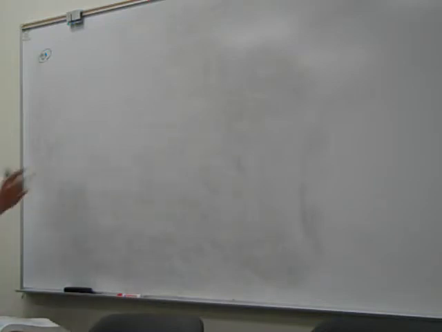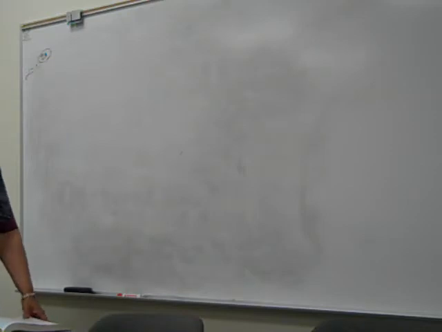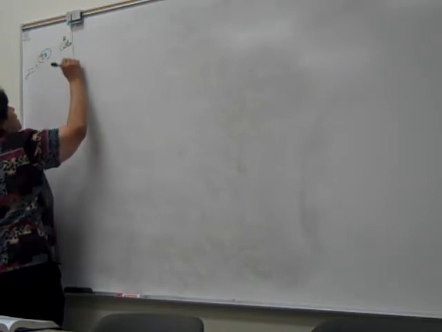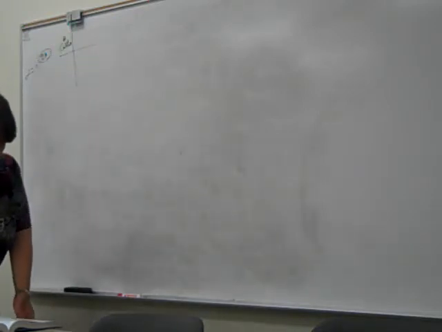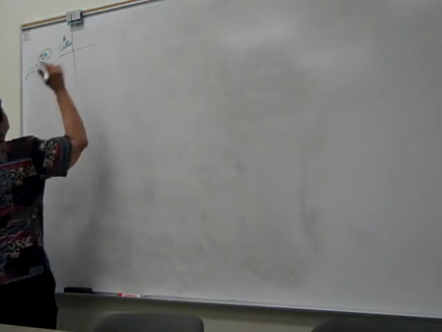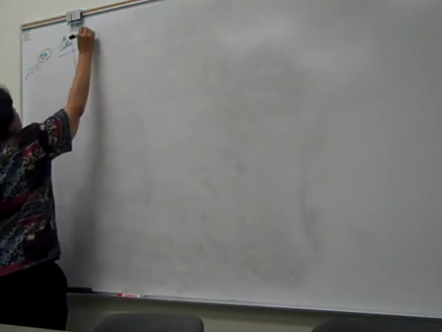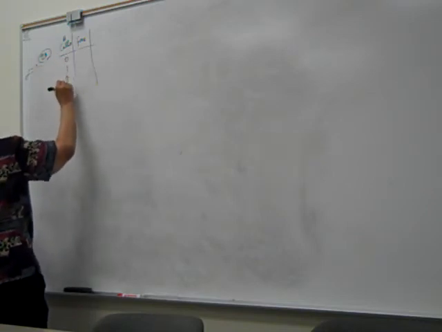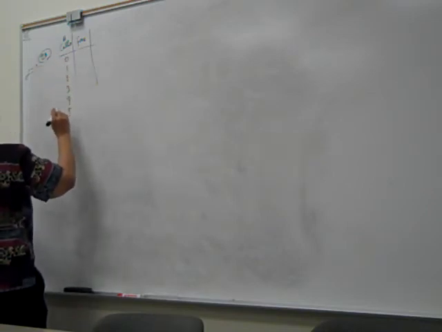Use alpha equal to 0.1 and the following data to test the assumption that incoming phone calls follow a Poisson distribution. They give us the number of calls and the observed frequency: 0, 1, 2, 3, 4, 5, and 6.